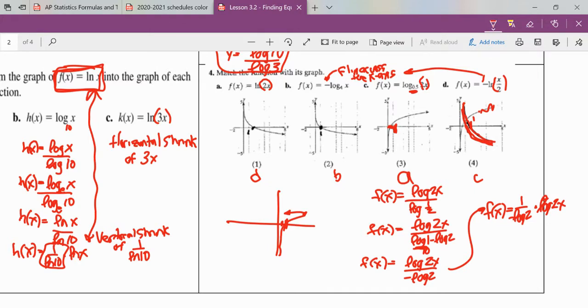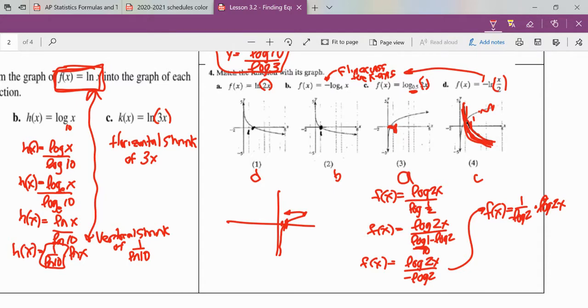I'm sorry, I'm doing letter C here. This is why it's been vertically shrunk, and then it's also horizontally squished as well. So that's why it's coming in there before 1. The negative flips it upside down too. So that's a little more complicated one. I don't think we're going to get a lot of those, but just thought I'd throw that out there for you.